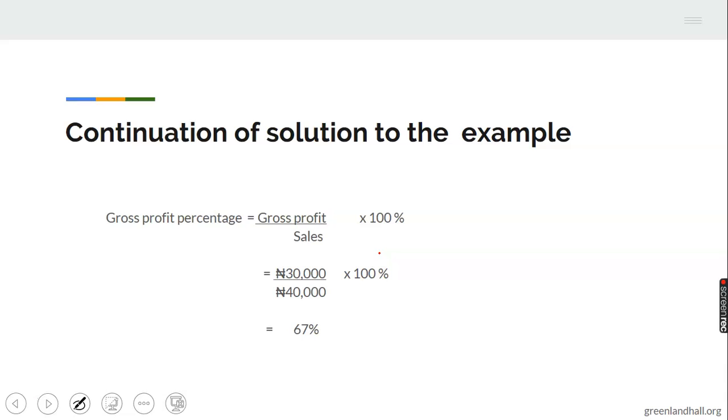That will be equal to 30,000, which is the gross profit, over 40,000, which is the sales, times 100%, and that will give us 67%. So it means the business was able to use the volume of sales to generate 67% profit.